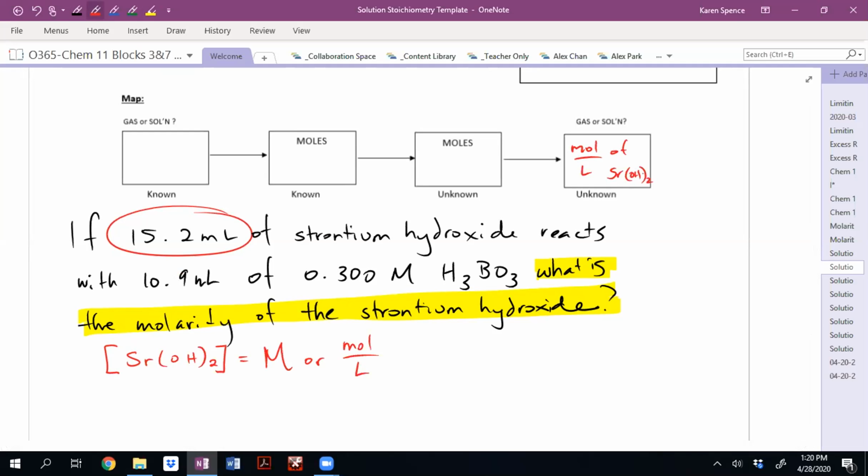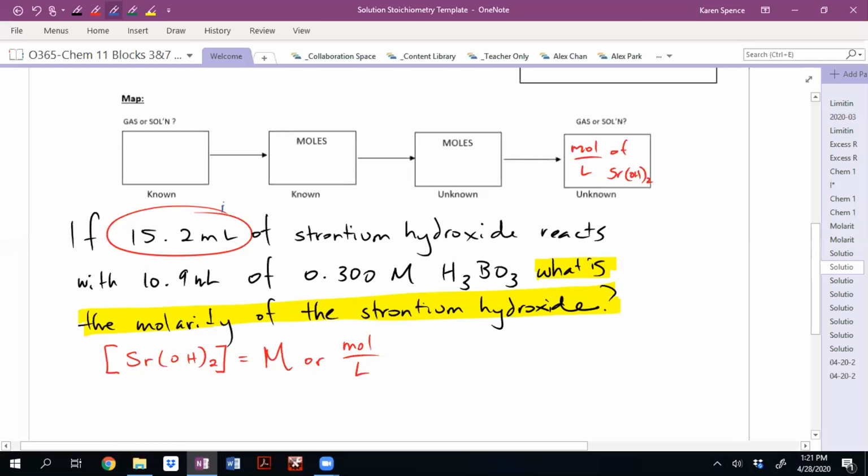In this question, who is our known substance? What can we find moles of? What is our known substance in this question? 15.2 milliliters of strontium.